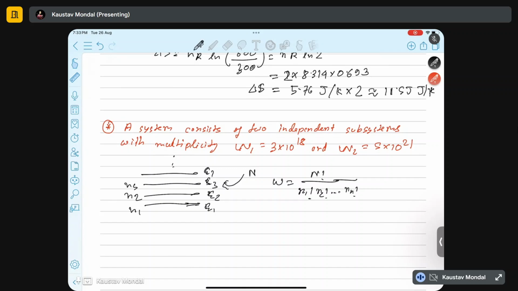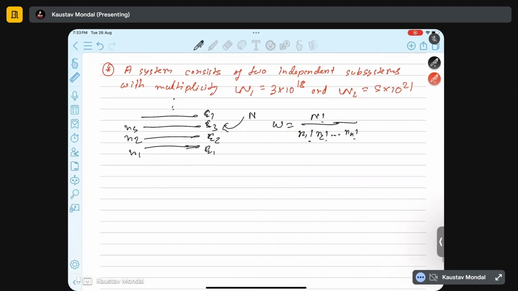And you also derived that this weightage is related to the entropy of the system. The more weightage the system has, the more entropy it has. So the entropy is related to the weightage using the formula S equals Kb ln W, where W is this weightage.